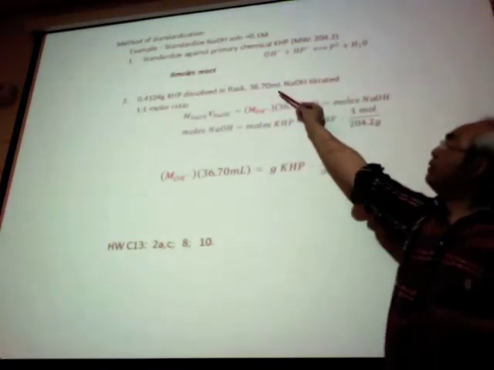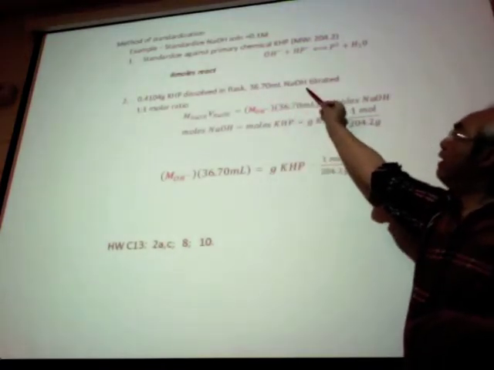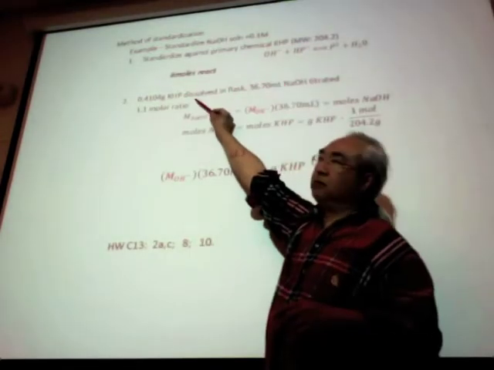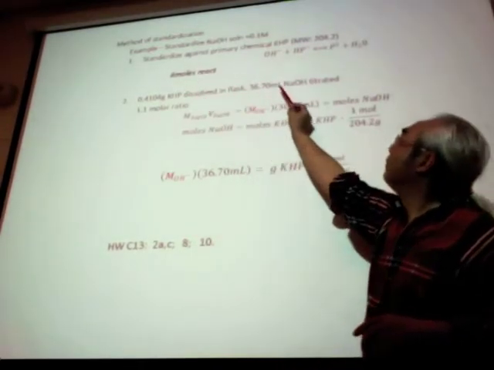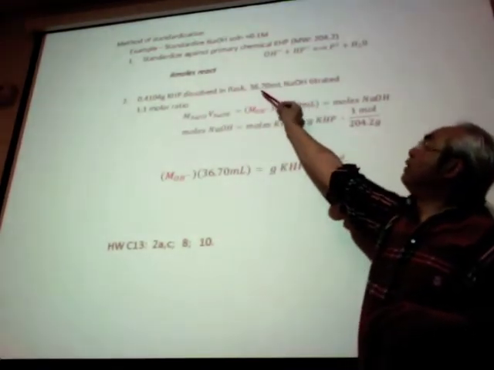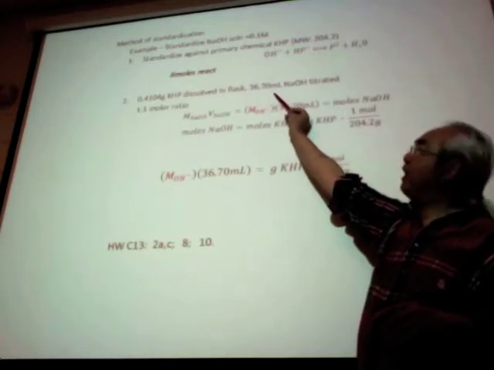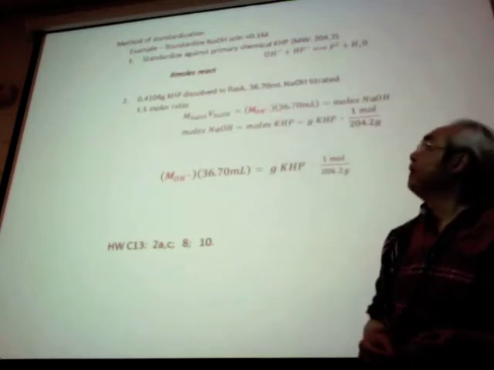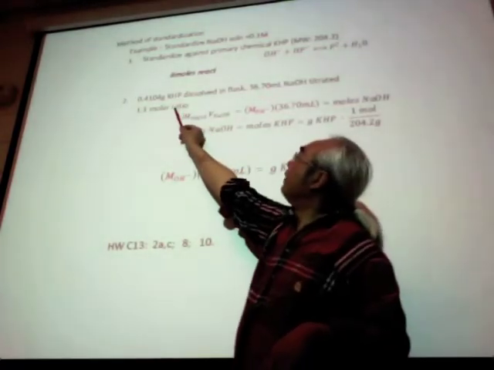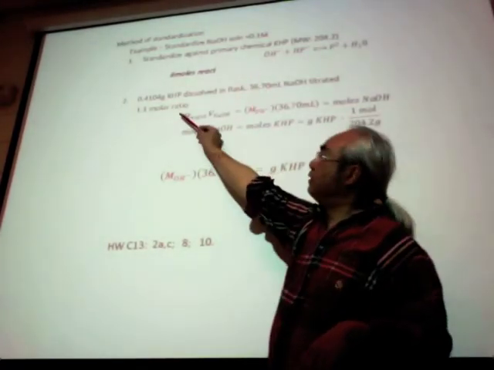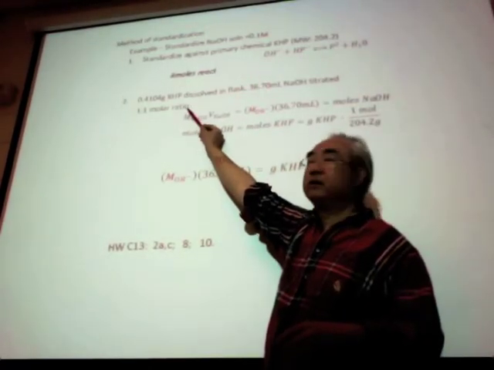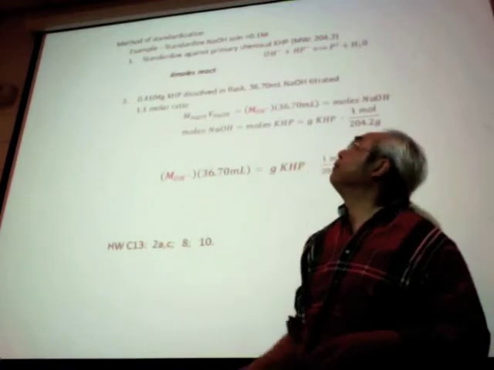Then you perform the titration. You add NaOH into that solution. Then let's say the endpoint is reached after adding this quantity. The equation indicates a 1-to-1 mole relationship.